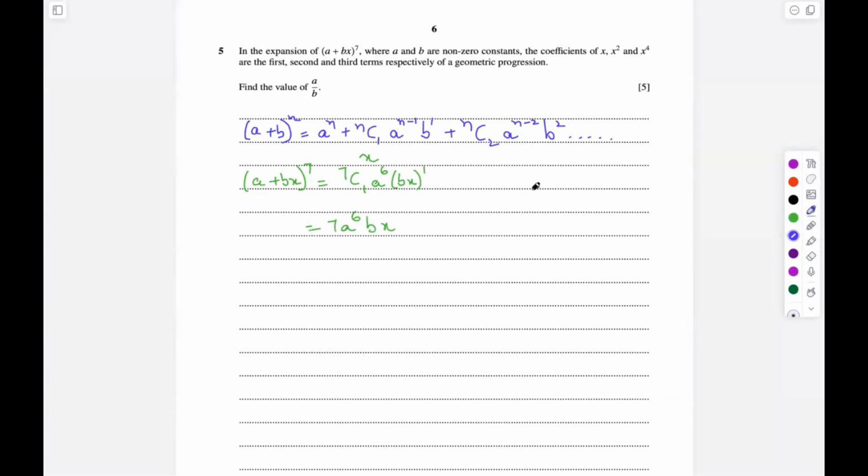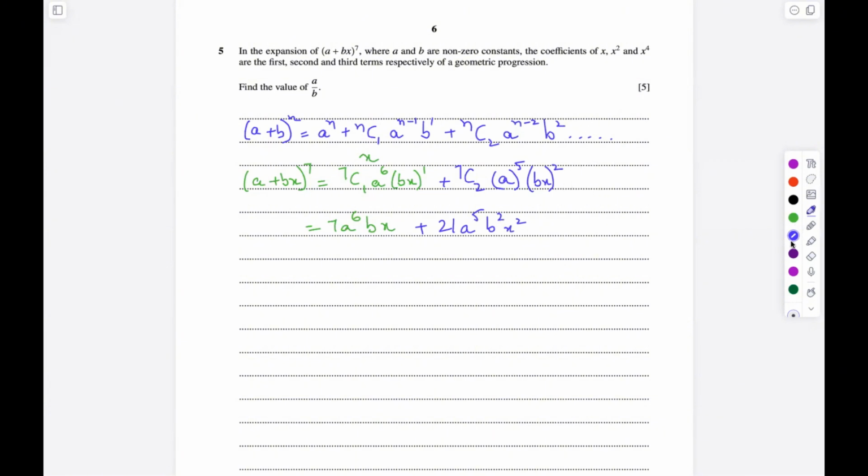For the coefficient of x squared, we'll be using 7C2, so this will become 7C2 a to the power 7 minus 2, that will be 5, and (bx) to the power 2. If we substitute 7C2 in the calculator, it equals 21. So that will be 21 a to the power 5 b squared x squared.